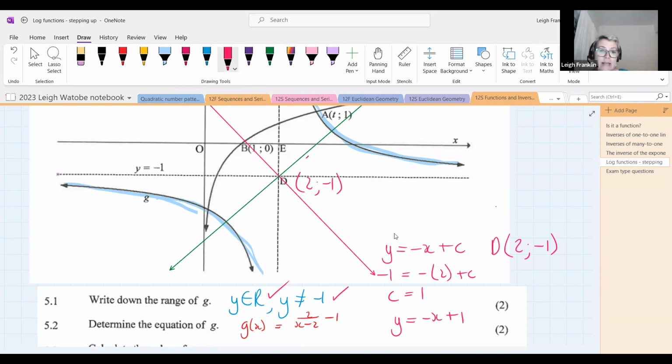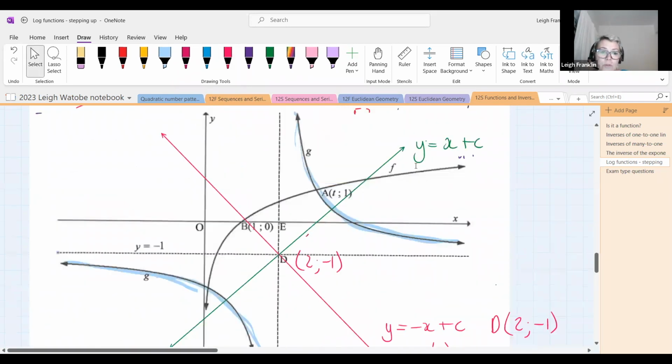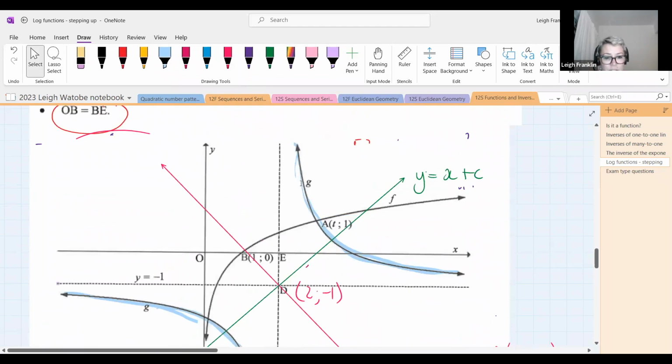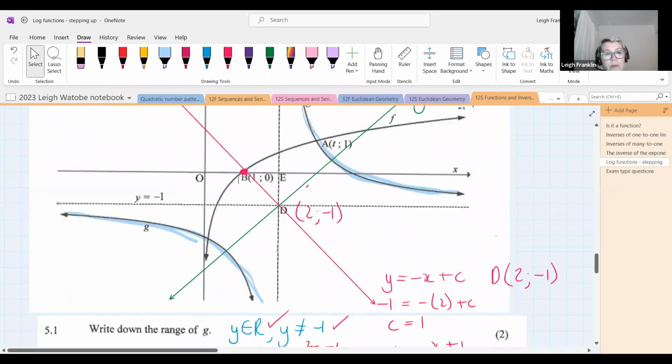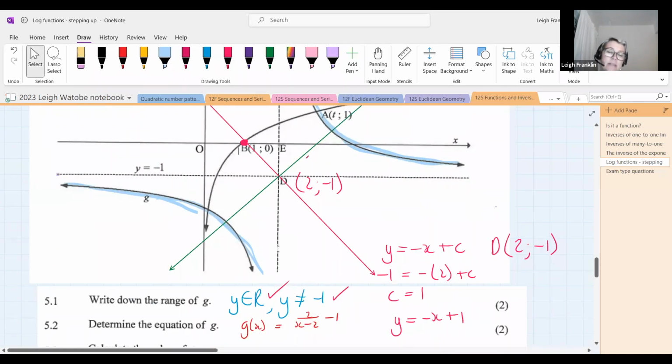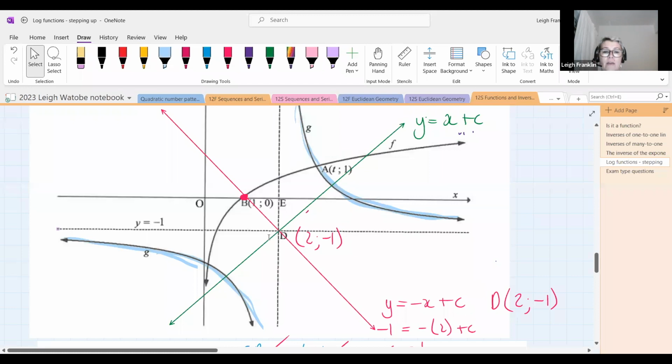Then what I did, can you see here, my drawing is almost perfect, it's just slightly off. This is the point over here. Can you see that its x-intercept is in the same place as the x-intercept of f? That's what I was doing. I was showing that its x-intercept is the same as the x-intercept of f, and that's why these two lines would have to intersect at that point.